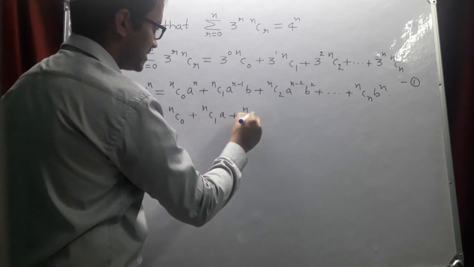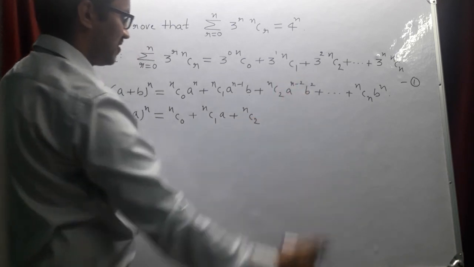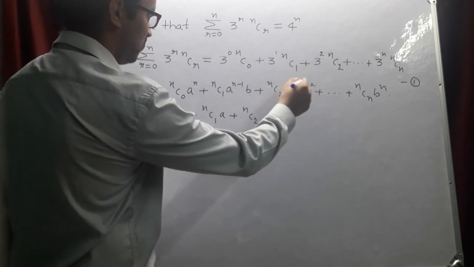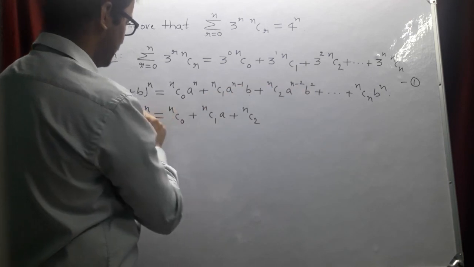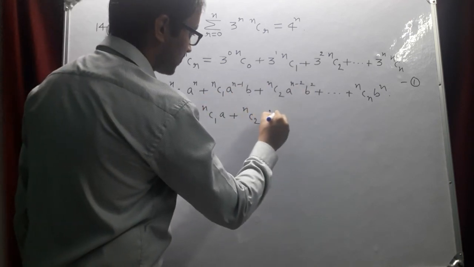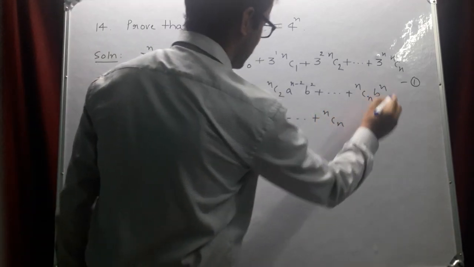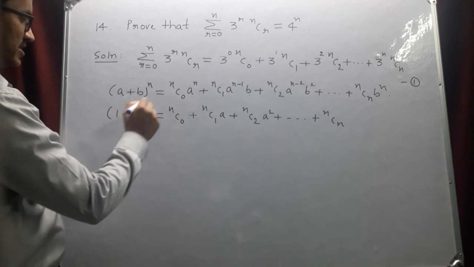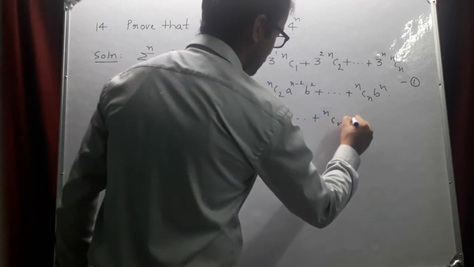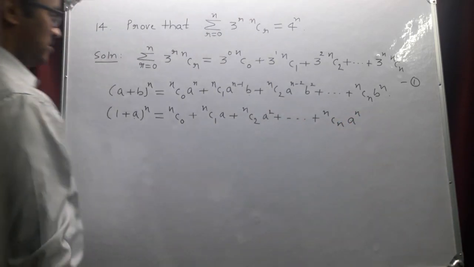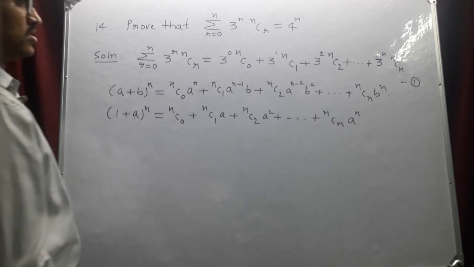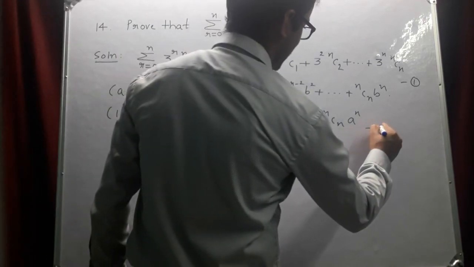Plus nC2, 1 power n minus 2, that is 1, b means a here, so a square. So the last term nCn, so what I will get? a power n. So you can consider this as equation 2.